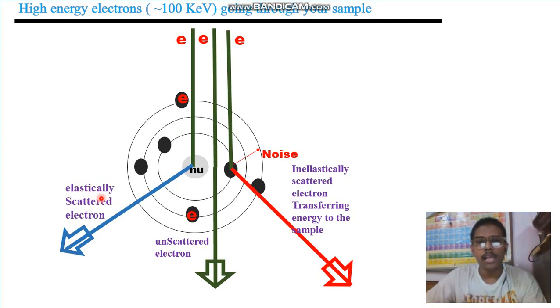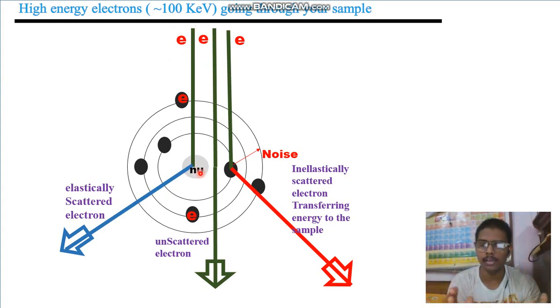As the definition suggests, elastic scattering means two bodies make an elastic collision, in which speed and energy do not change, but only the direction of movement of the high speed body changes. That is what happens here: the electron comes and interacts with the nucleus.